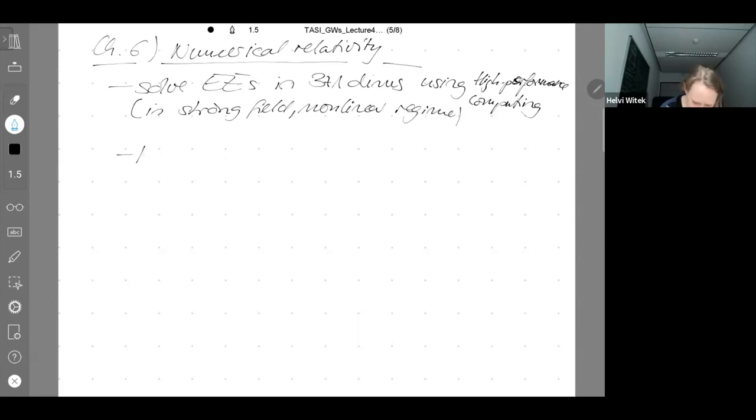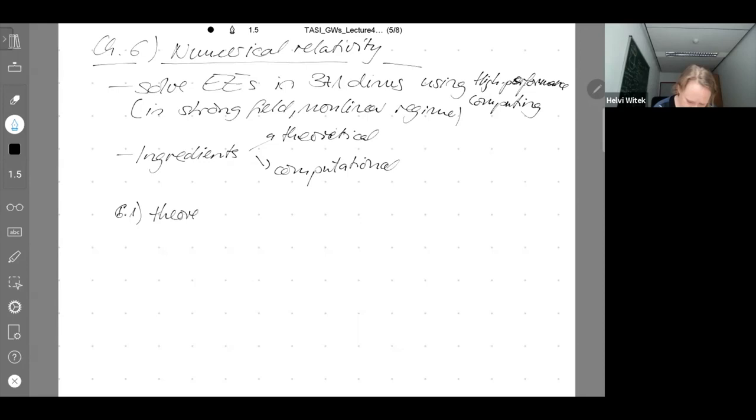Okay, so as I said, this is what I would go by: the main ingredients, both theoretical and computational. And the main parts, the theoretical ingredients, would be the following.